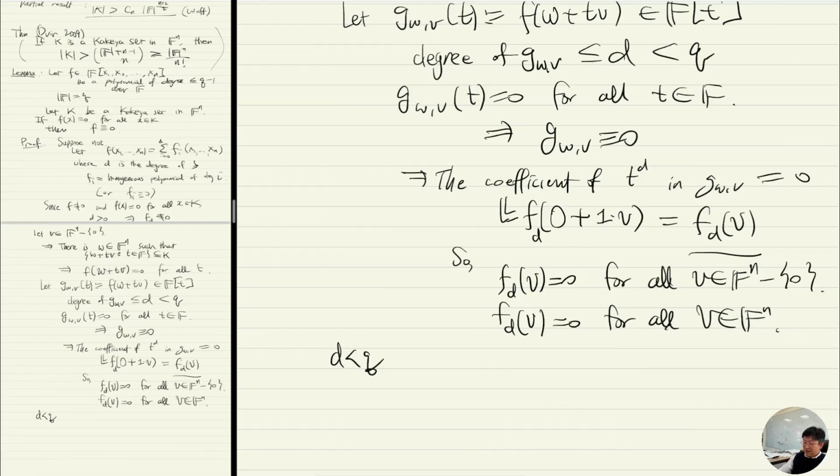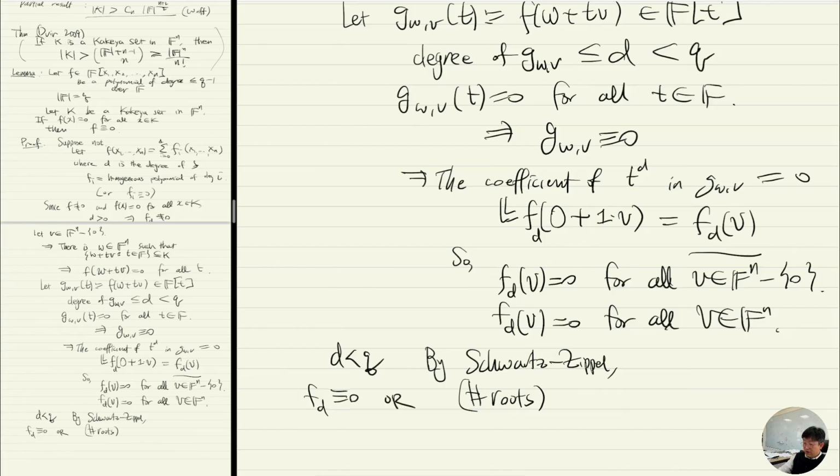So by Schwartz-Zippel, on the number of roots, f_d is either completely 0, or the number of roots of f_d is at most the degree times the number of assignments divided by q.